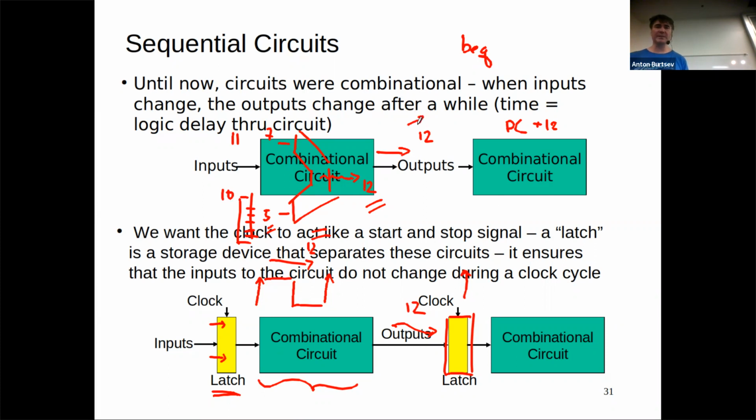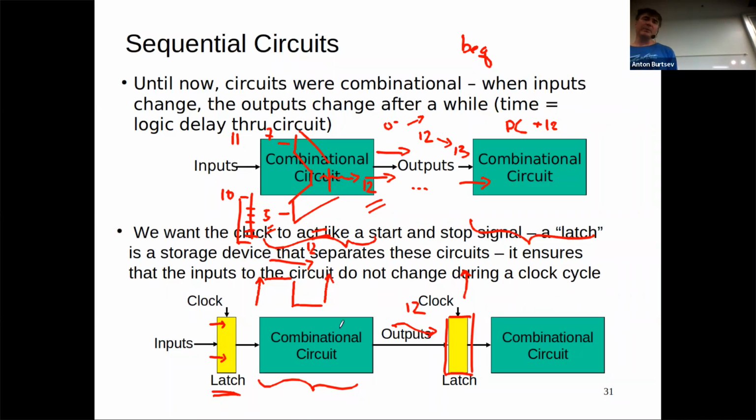Some pins of this output, these 32 signals which represent 12 as a 32-bit number, will flip from 0 to 1, and maybe it becomes 13 or 17 or something like that. So in general, if you just connect two combinational circuits like that, there is a very low probability that the output of the first combinational circuit will remain stable for just enough time to make sure that the second combinational circuit will produce what you want. However, if you introduce those memories in between them, you will achieve what you need.